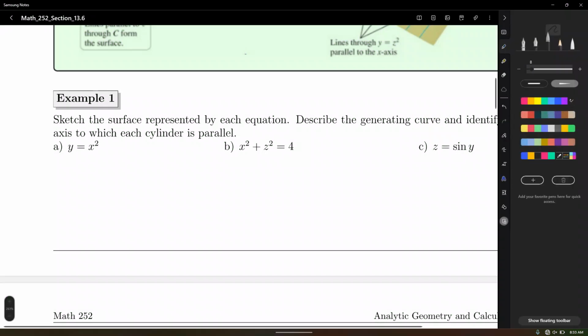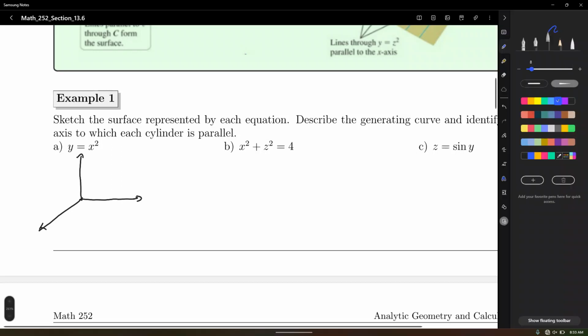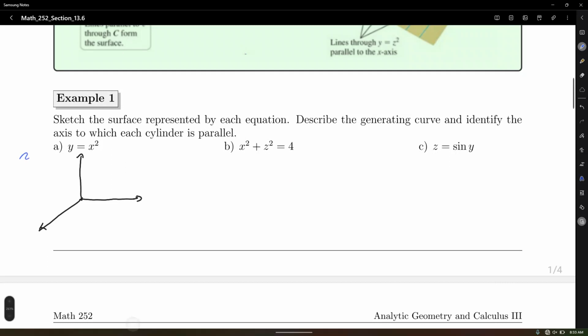So let me do a 3D sketch here. But before I plot the surface in space, I'm going to plot its projection into two dimensions. Observing this equation right here, which variable is the independent variable?